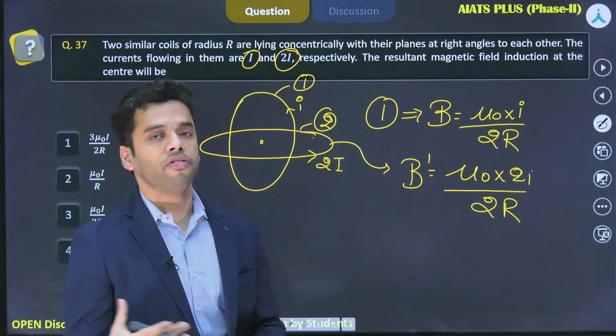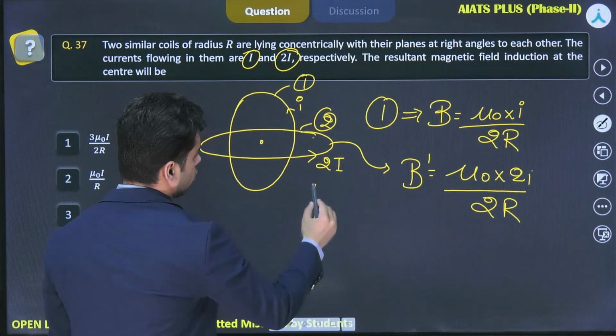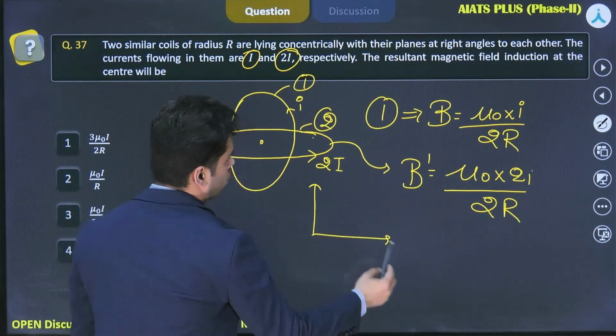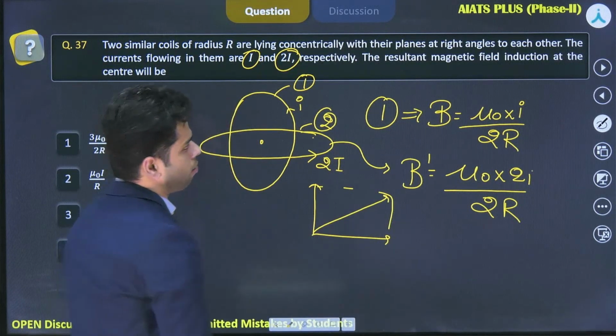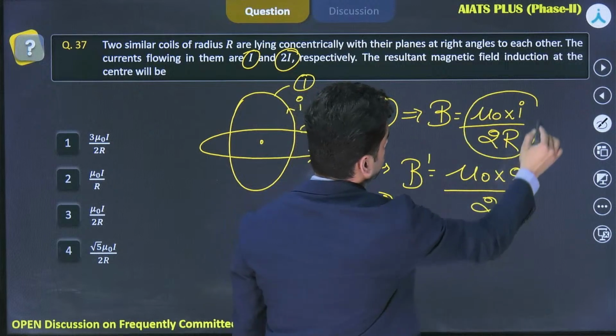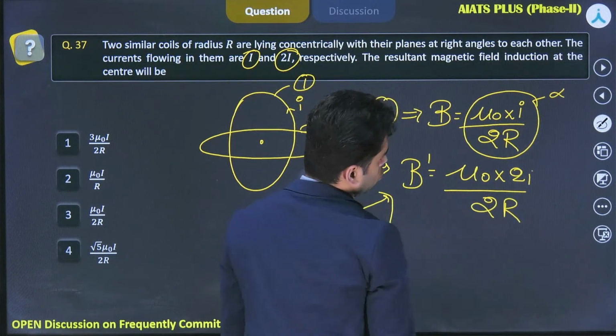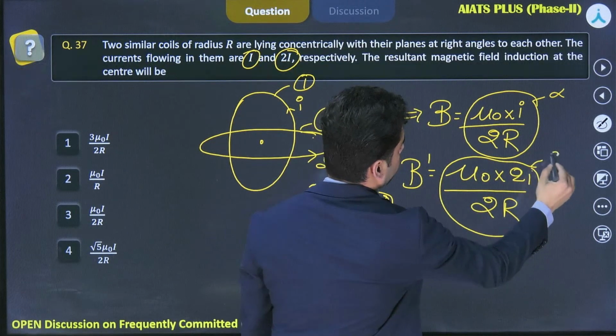And you can see that the field due to loop 1 and loop 2 will be perpendicular. So they will be something like this, and the resultant will be coming something like this. Let me write the resultant over here only. I'll take this whole term as alpha, so this whole term will become 2 alpha.